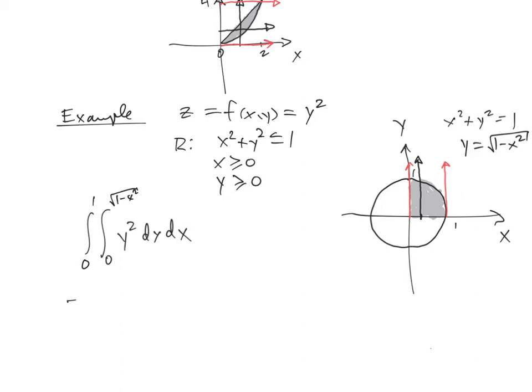Okay, and now I'm ready to solve the integral. So I solve the inner one. That's going to be y cubed over 3, where y goes from 0 to the square root of 1 minus x squared. And then after that, I'm going to take the integral with respect to x.